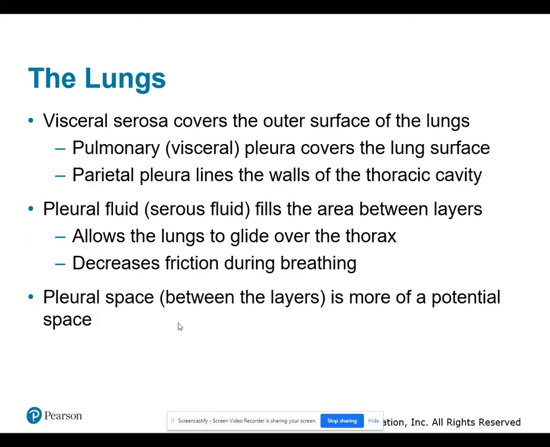When we talk about the lungs, we're also going to talk about how it's protected or the covering that you're going to find on your lungs. So visceral serosa covers your outer surface of your lungs, and there are 2 main coverings because this is a double layer. So I'm going to write that up here.